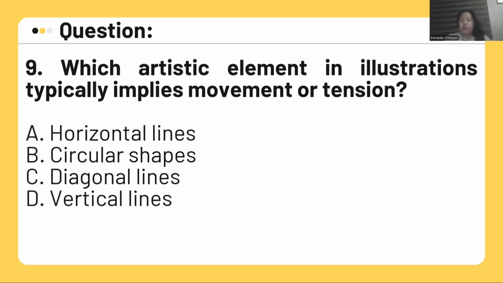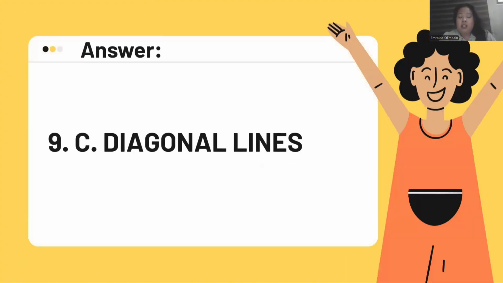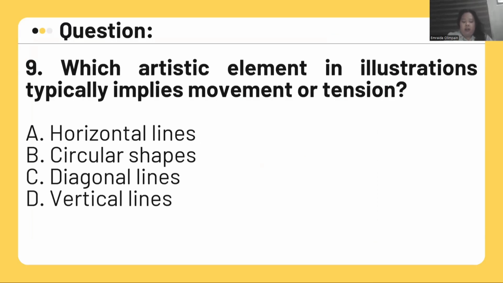Okay, so the answer for this one is letter. What do you think? The answer is letter C, diagonal lines. Letter A, horizontal lines, suggests peace and calmness.